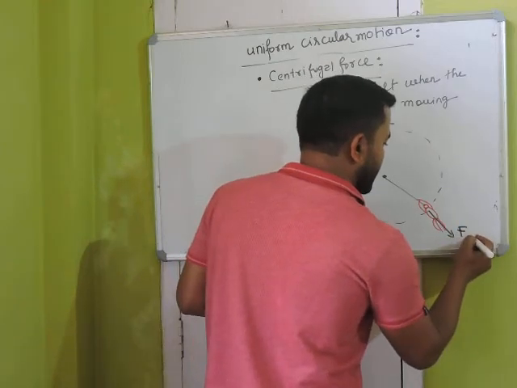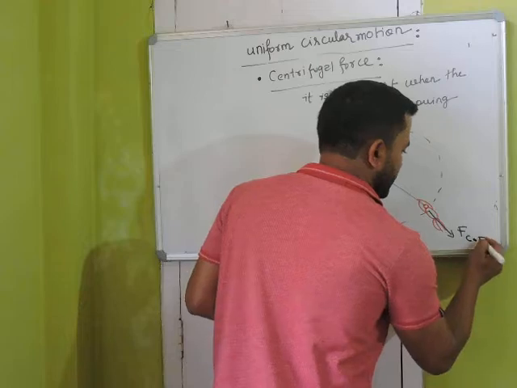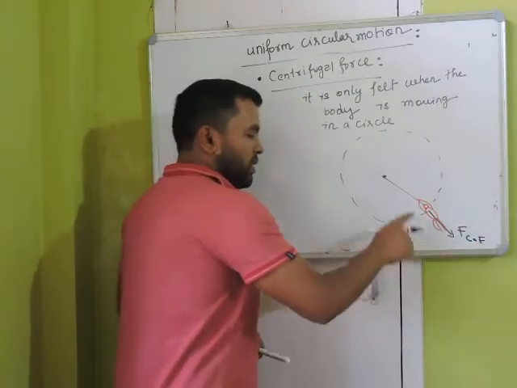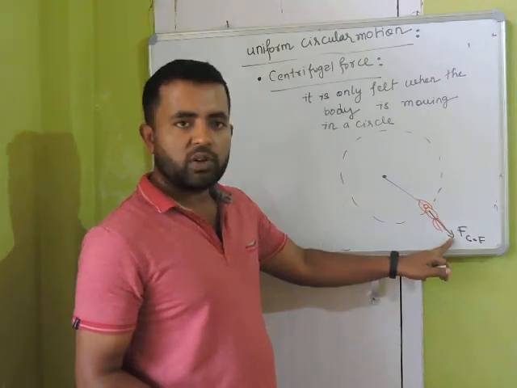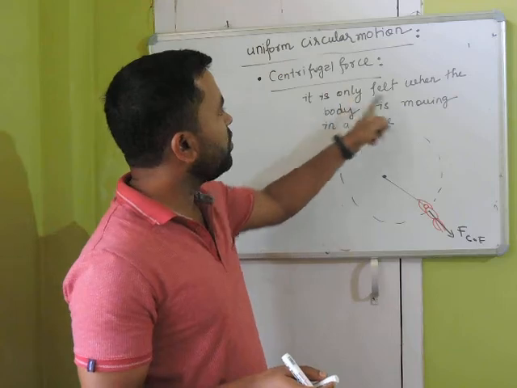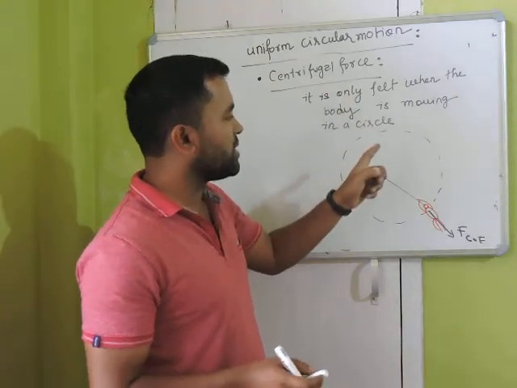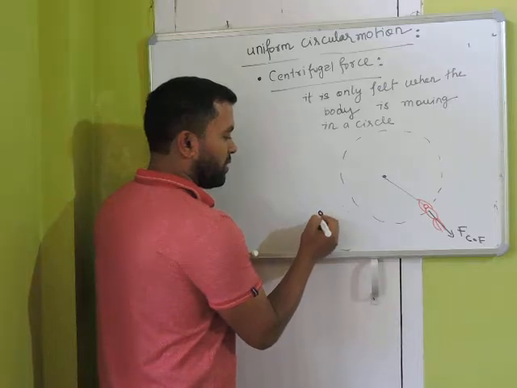I will write FC for centrifugal. This force is called centrifugal force, which acts away from the center, and it is only felt when the body is moving in the circle.